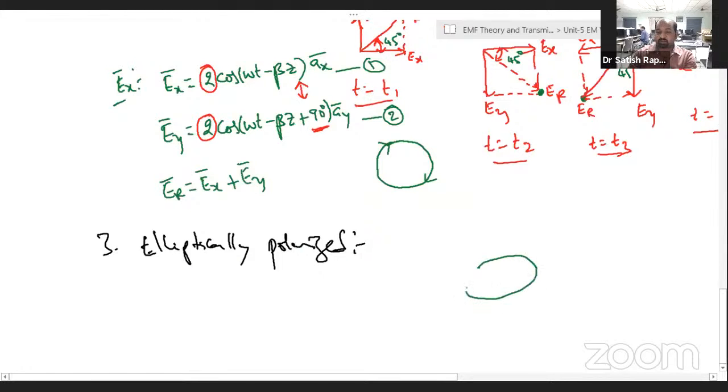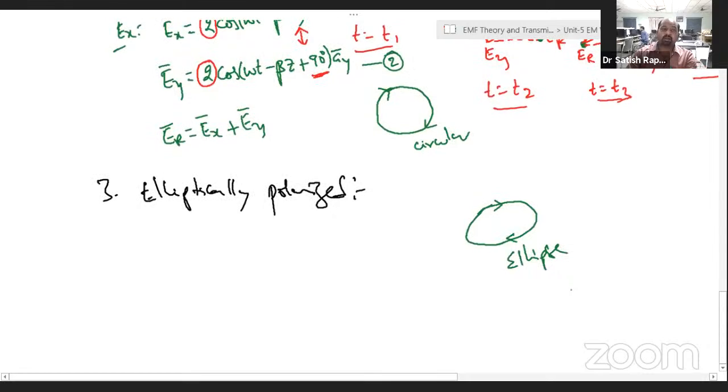For example, this is the electric field orientation. The electric field is in elliptical shape. So this is circular, and this is an ellipse. When the electric field is moving elliptically, then it is called elliptically polarized.